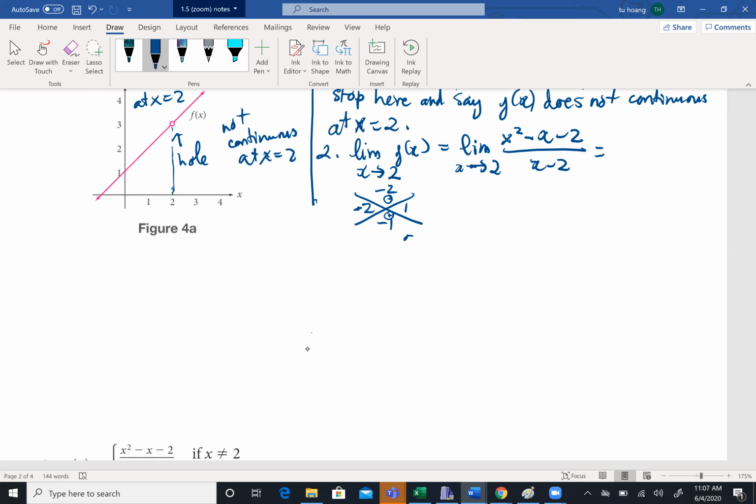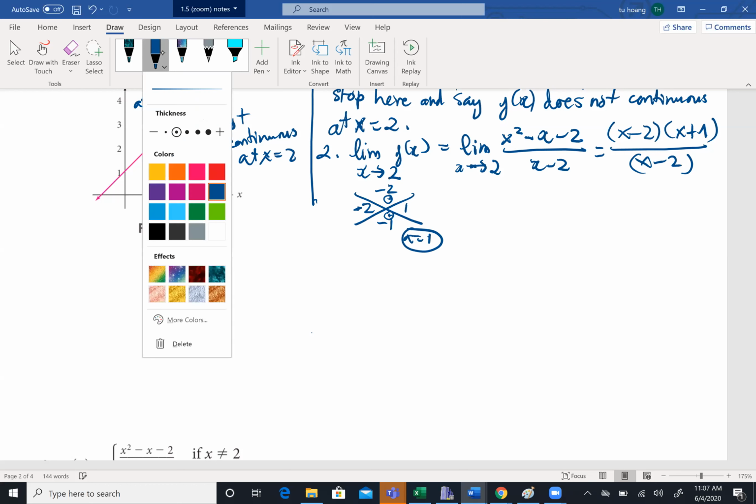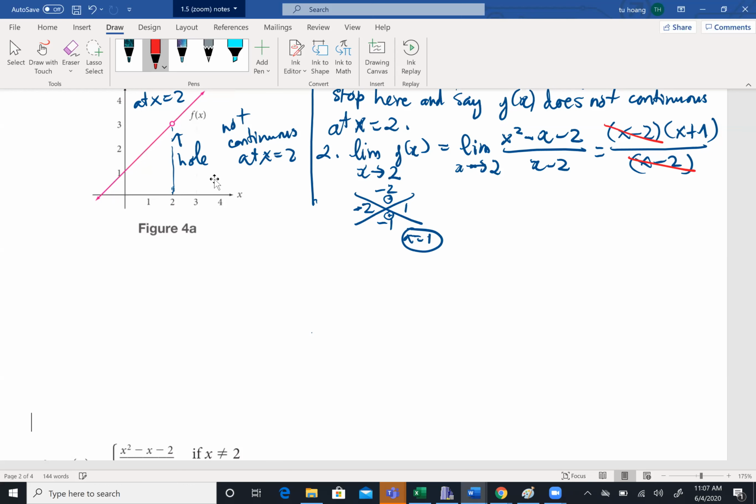Remember that a equal to 1 is a special case. Right away you can change this expression to x minus 2 times x plus 1 in factored form. Now you can see there is a common factor between top and bottom, which is x minus 2, and you can just say goodbye to it.